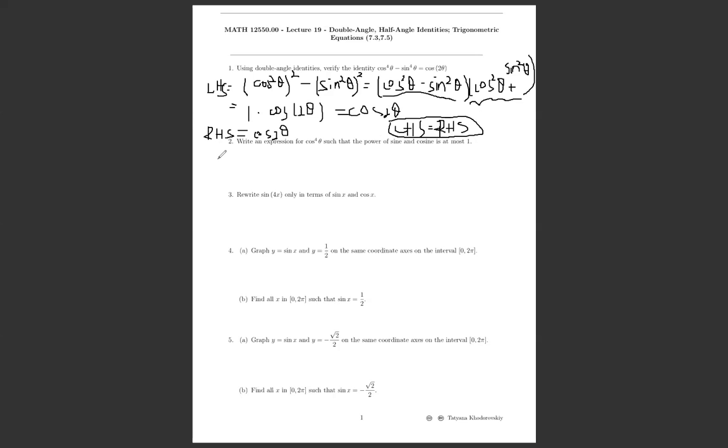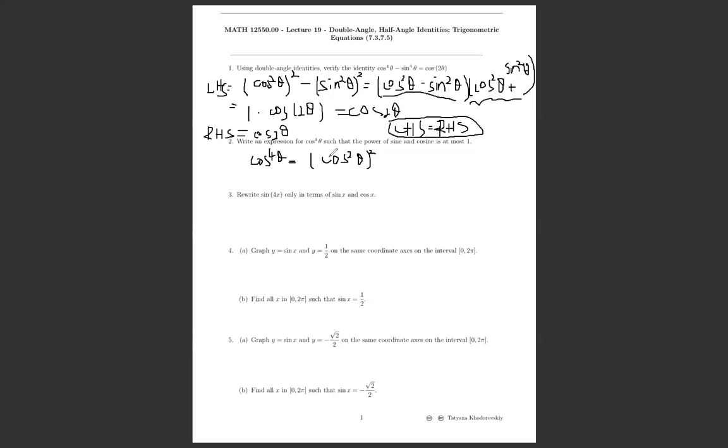So the next question is we have cosine theta to the 4th power, and we want to have sine and cosine that have power at most 1. So we want to reduce the power. The first thing is to recognize the fourth power as the square of a square.